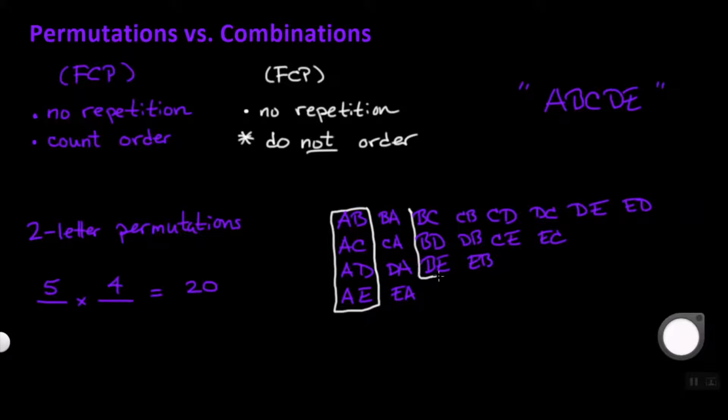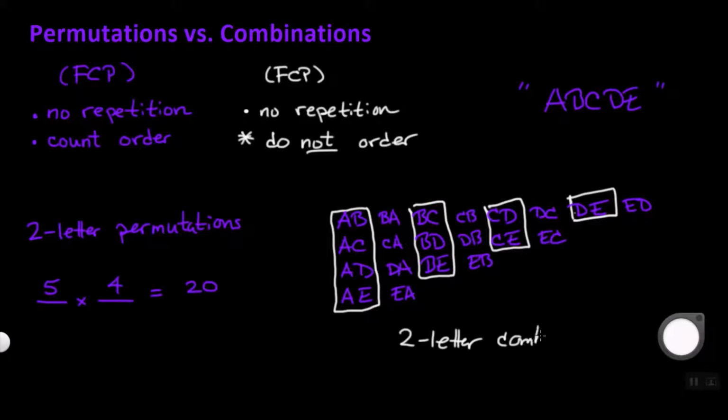So the whole block of those numbers, all 20, are the permutations, and if I want the combinations, I want precisely half of those. So we know right now that there should be 10 two-letter combinations, just by looking at all the permutations listed.